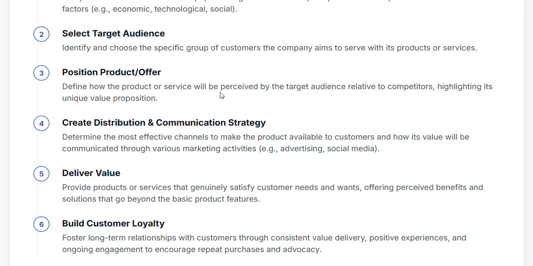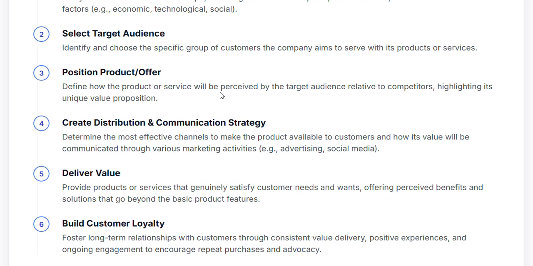How your product and service are perceived by the target audience relative to competitors, highlighting its unique value proposition. So it is very important for positioning and product offer.